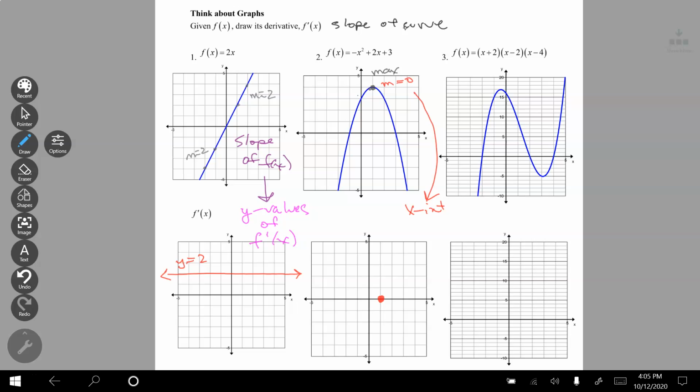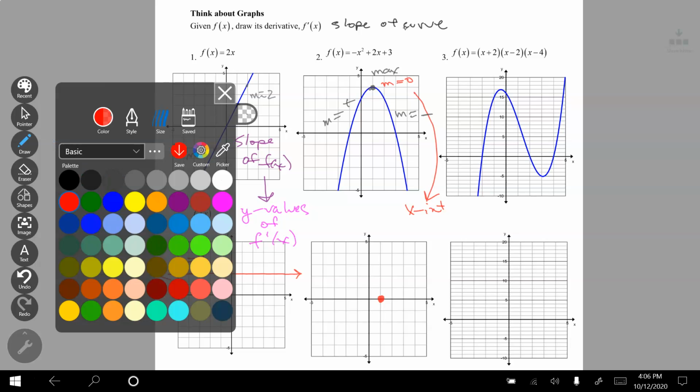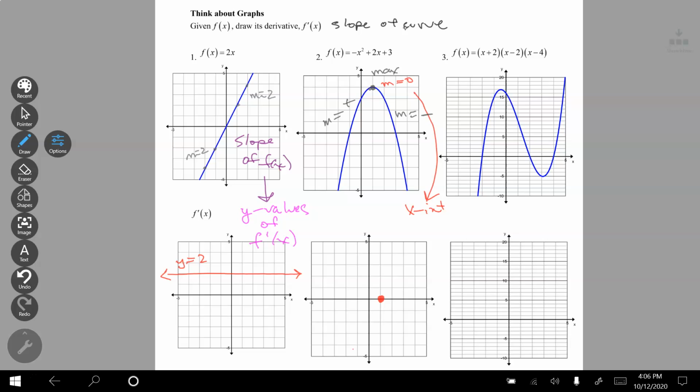But if I look at this part of the graph, I realize that this is uphill, so my slope is always equal to a positive. Over here, after the vertex, I have a slope that is always equal to a negative. So I have to draw a graph that has positive values, 0, negative values, because again, the slope goes this way. It doesn't really matter.